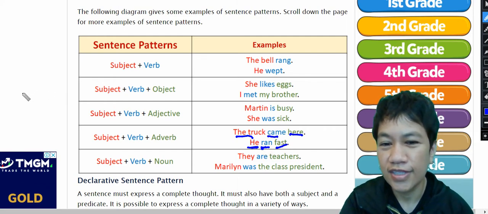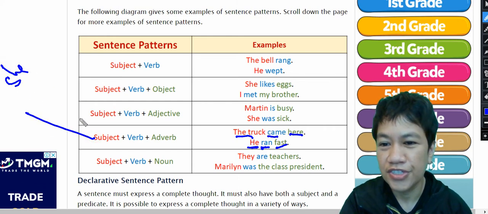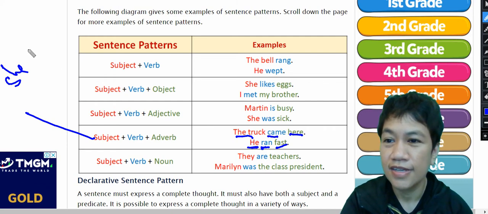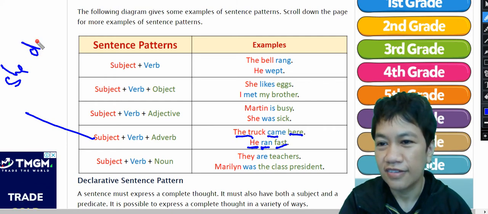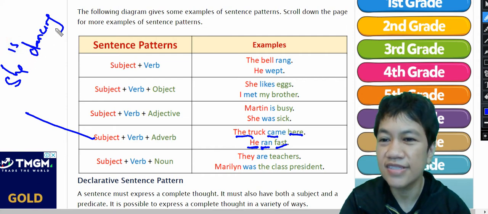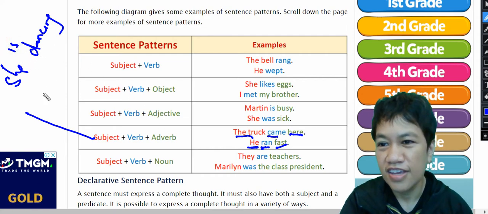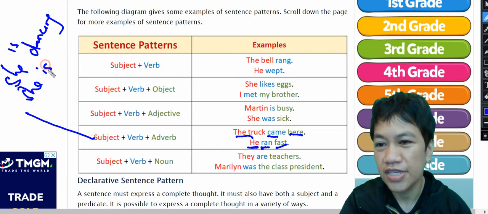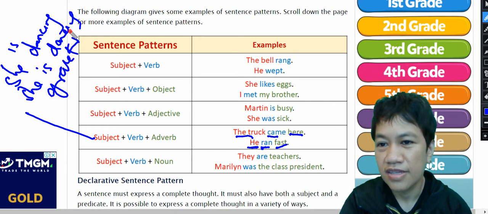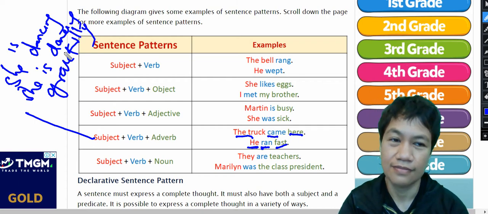Fast. So another example, she. She, the subject. What is she doing? Dancing. So we use linking verb. She is dancing. How does she dance? Gracefully. So she is dancing gracefully. Okay.